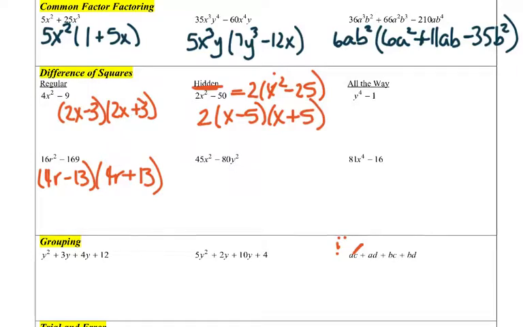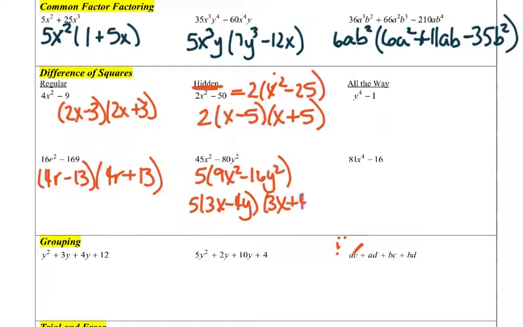Similarly, the one underneath it has a common factor of 5, and then it's 9x squared minus 16y squared. But that can factor again, 3x minus 4y, 3x plus 4y. They factor and then factor again.